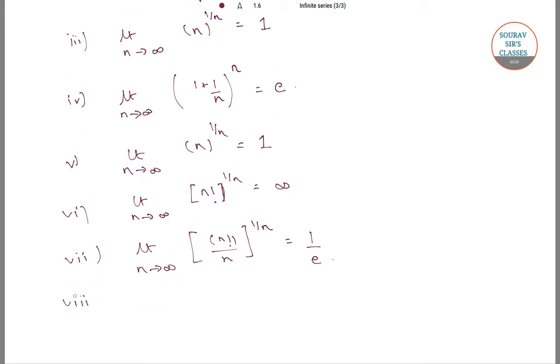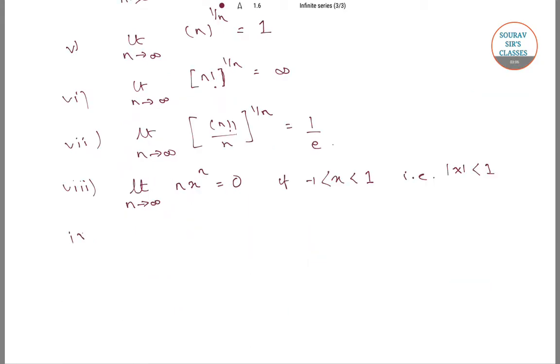Next is limit n tends to infinity n into x raised to the power n. This is equal to 0 if x is less than 1 and greater than minus 1, that is mod of x is less than 1.